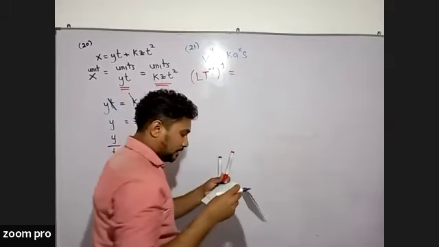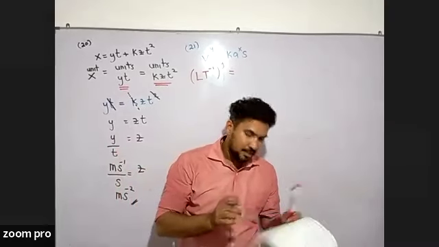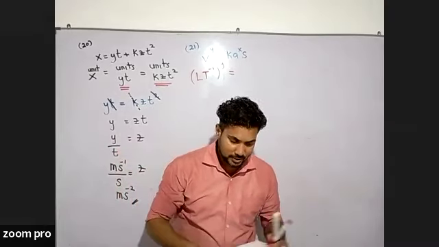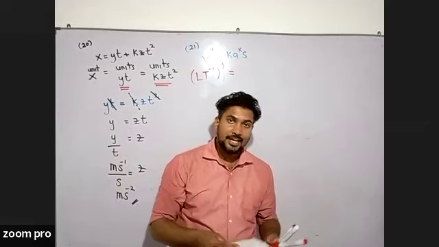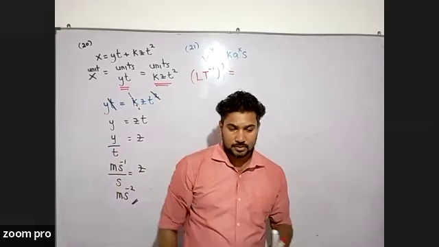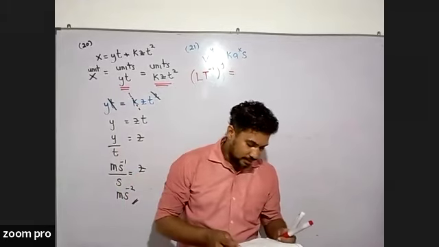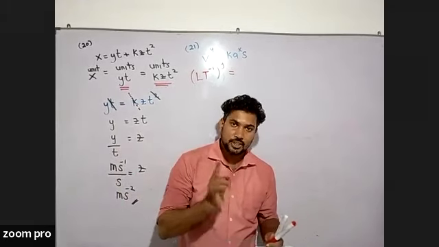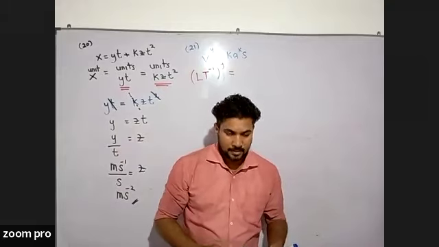Now, guys, just write this. I think there's a small mistake in this question, right? The question should mention that k is a dimensionless quantity, right? Just write it down. Just mention that k is a dimensionless constant, right?